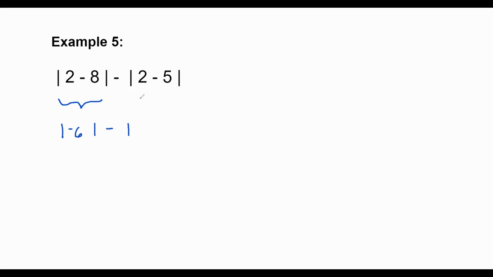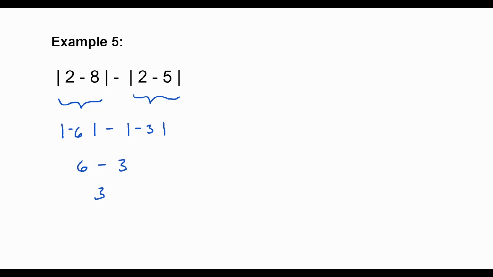And then we can simplify our other absolute value. 2 minus 5 is -3. And now we will drop our absolute value and make this positive. 6 minus +3. Our answer is 6 minus 3, which is the number 3.